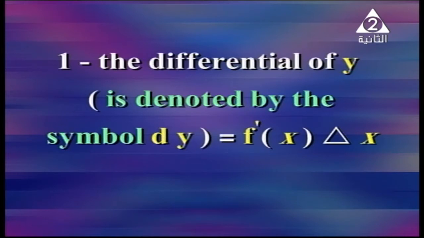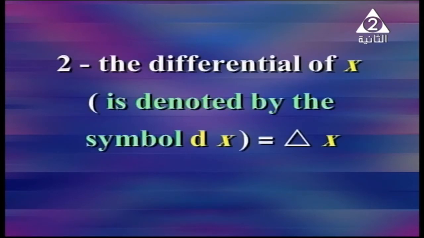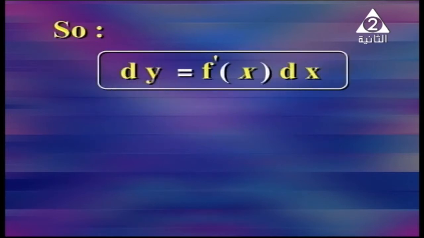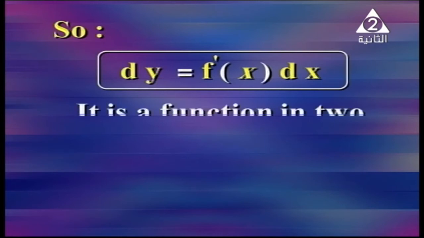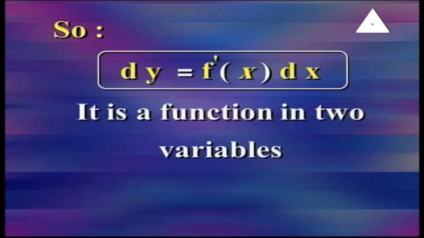Differentiation of y is denoted by symbol dy equals f dash x delta x. Differentiation of x is denoted by the symbol dx equals delta x, so that dy equals f dash x dx.